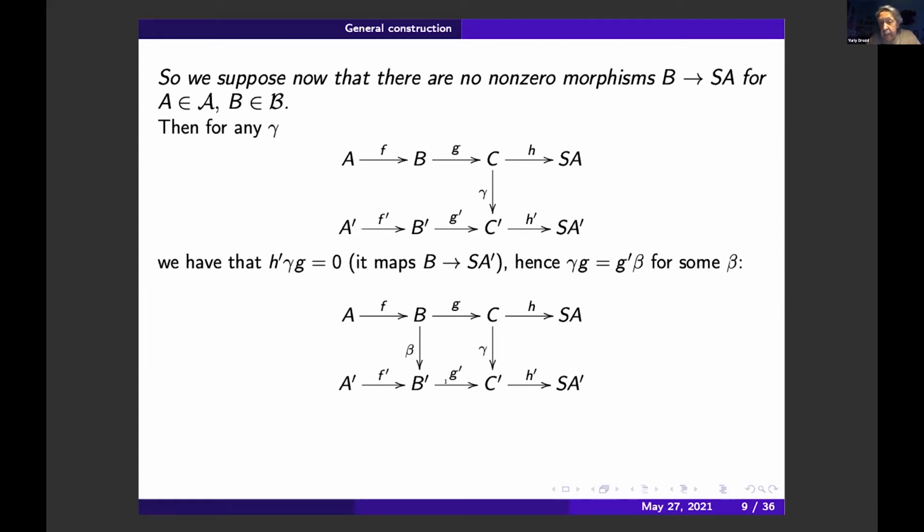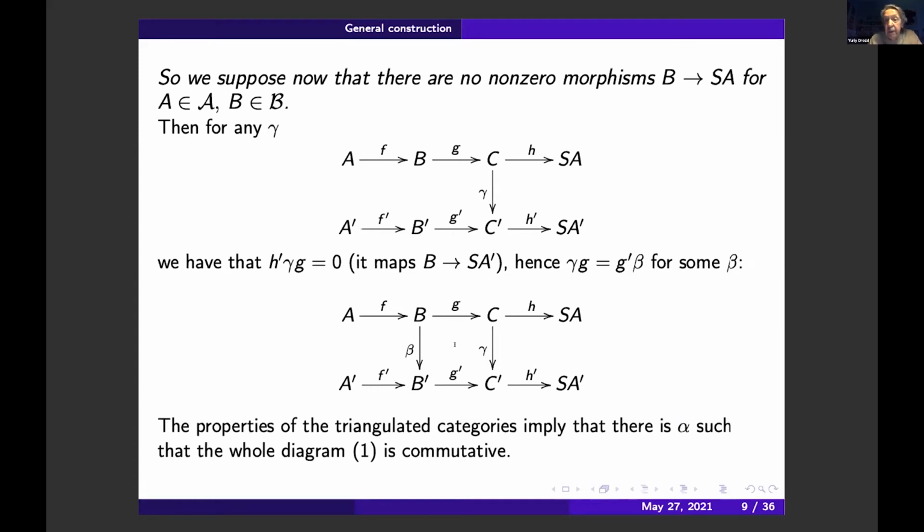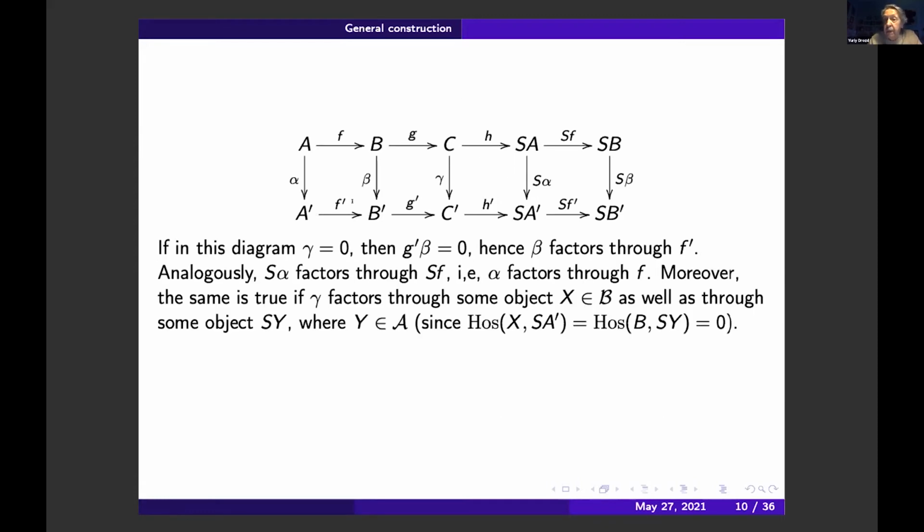It equals g prime beta for some beta. Now look, we have exact triangles, we have this commutative diagram, so it can be extended to the big commutative diagram, so we have alpha also, such that the whole diagram is commutative.